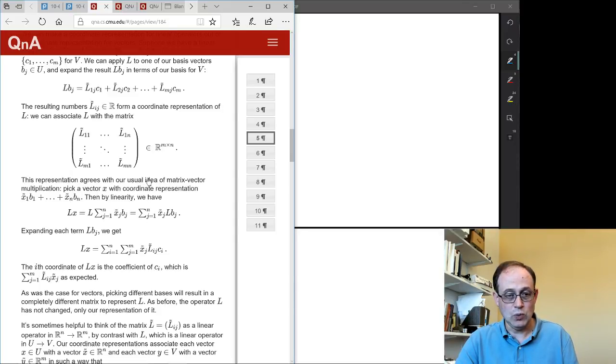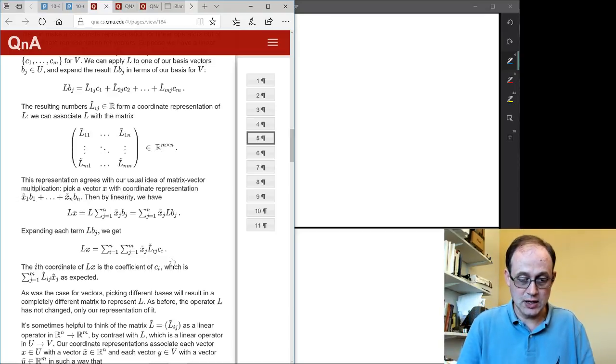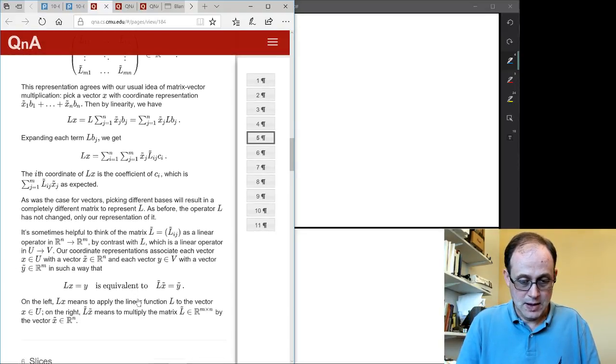So what we've derived in this short section is just that if we take a linear operator and apply it to a vector x, then the outcome, expressed in terms of the basis c1 through cm, has coefficients that are the same as we would get by taking the coordinate representation of x and multiplying it by the coordinate representation of L. I think I wrote that here.